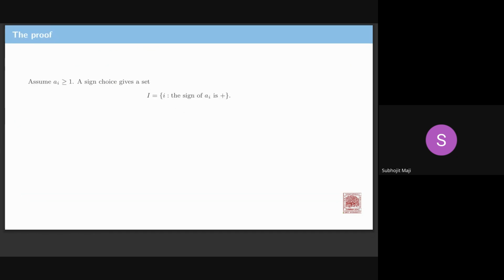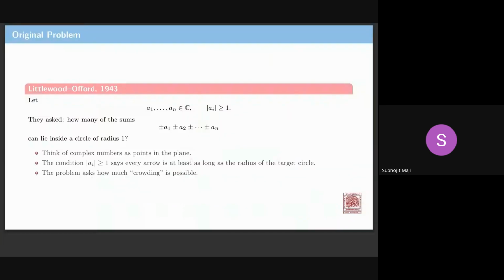So now we go on to the proof. Observe that, first of all, this set I determines the positions i such that the sign of ai is positive. That is, if I have been given a configuration of this form, let's say a1 minus a2 plus a3, or some way or the other, the plus and minus signs are arranged.